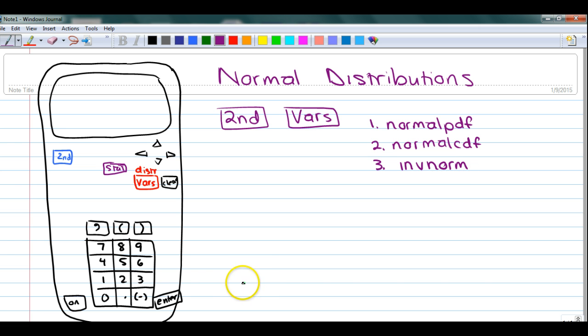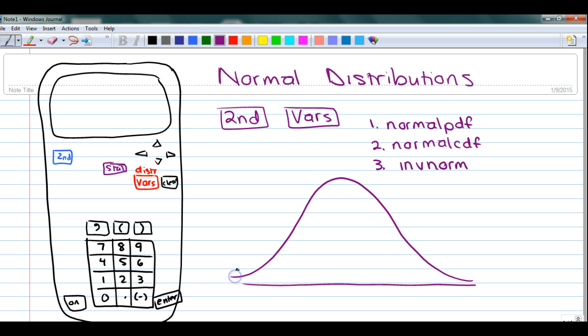The normal curve, you should have done the percentile and empirical quizzes.